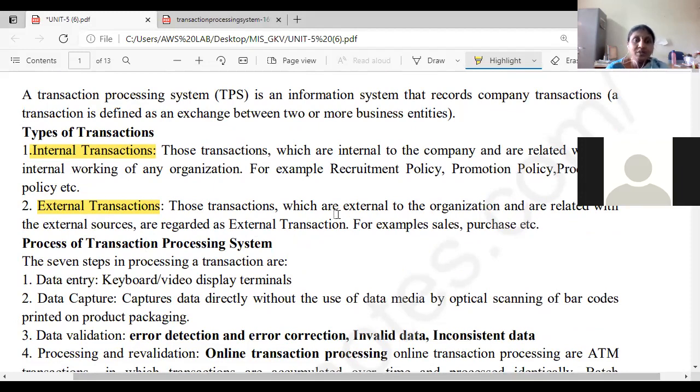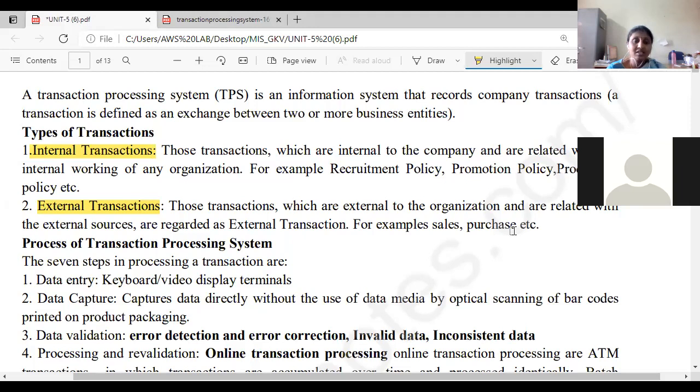The transactions which are external to the organization, that means we are doing some business activities outside the organization which are related to external sources. Those types of transactions are called external transactions. Once again, these transactions are business activities we are dealing with the external sources of that organization.